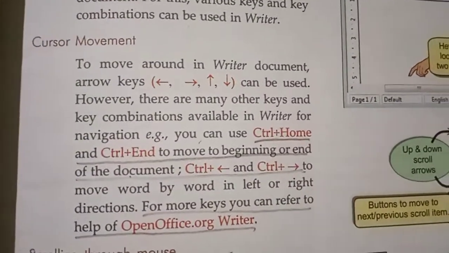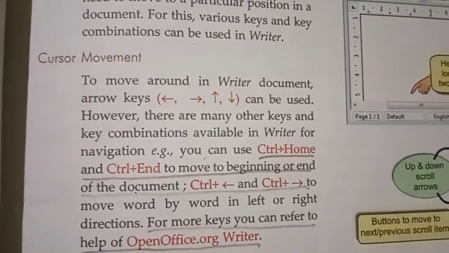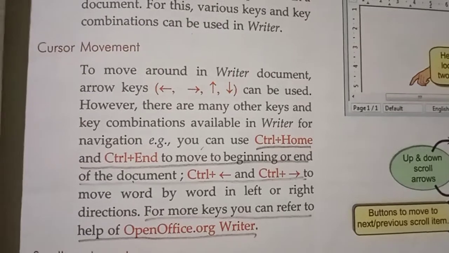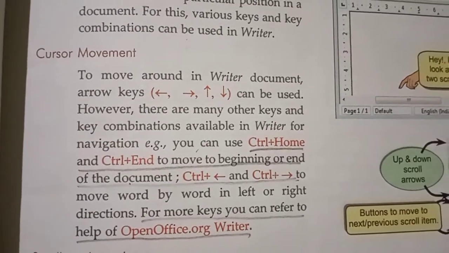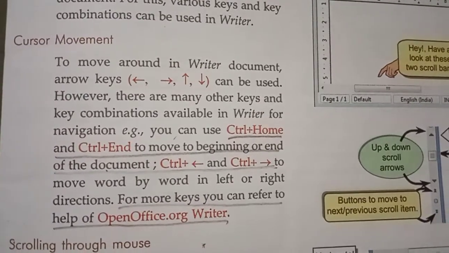So here, to move around a Writer document, arrow keys. So you already saw the arrow keys, left, right, top, down. However, there are many keys available in Writer navigation.